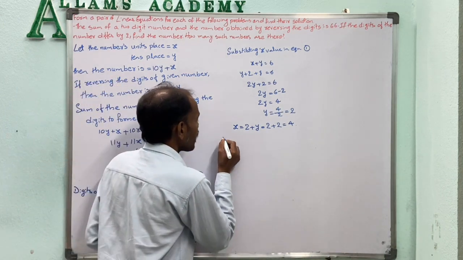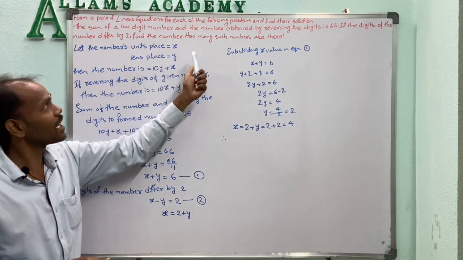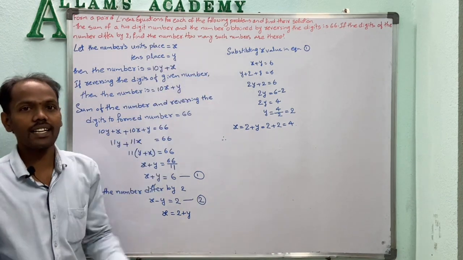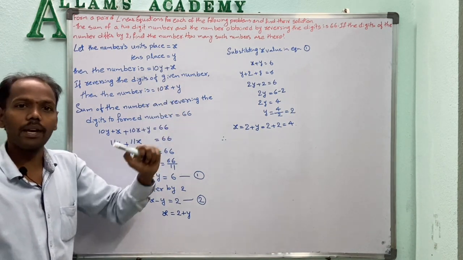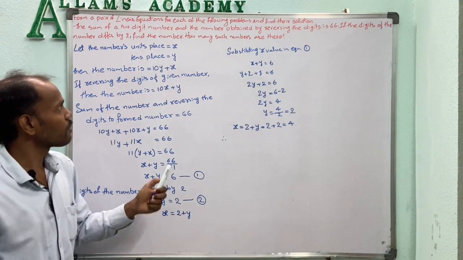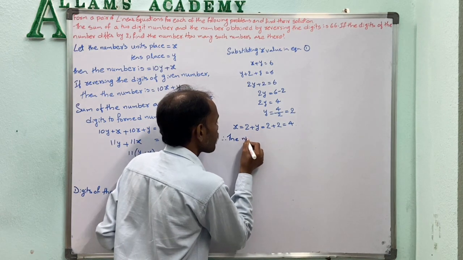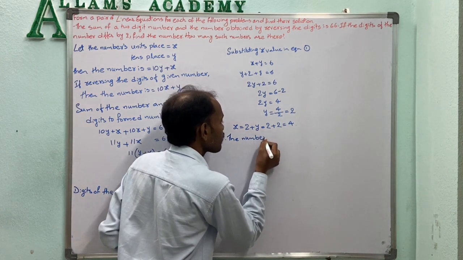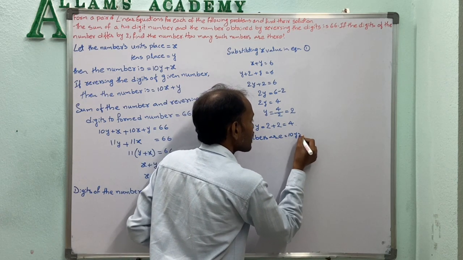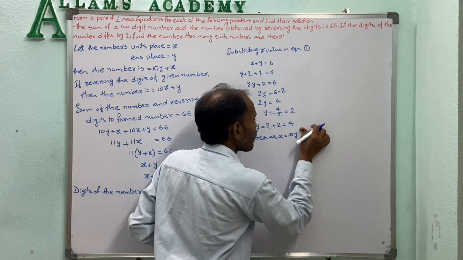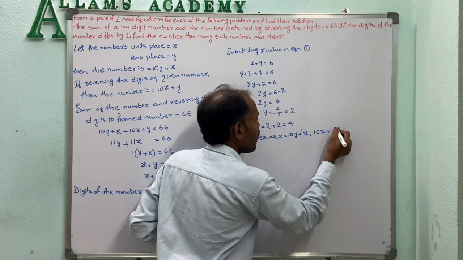So here we are asked to find the number and how many such numbers there are. Reversing the digits gives the same type of numbers. Therefore the numbers are 10y plus x and 10x plus y.